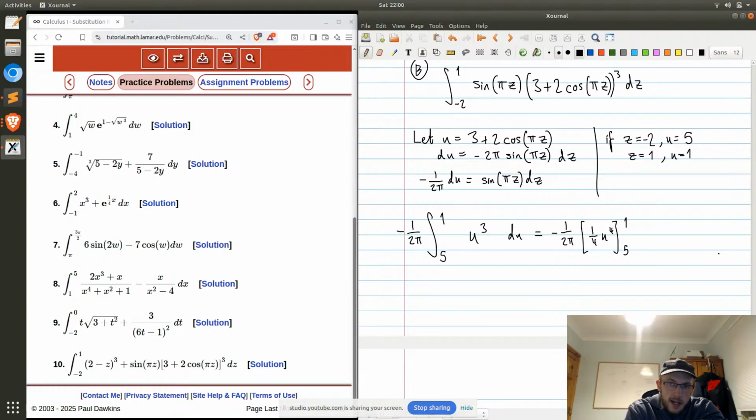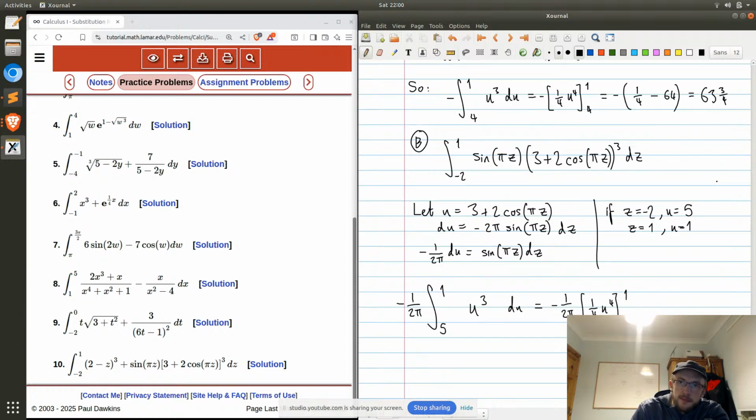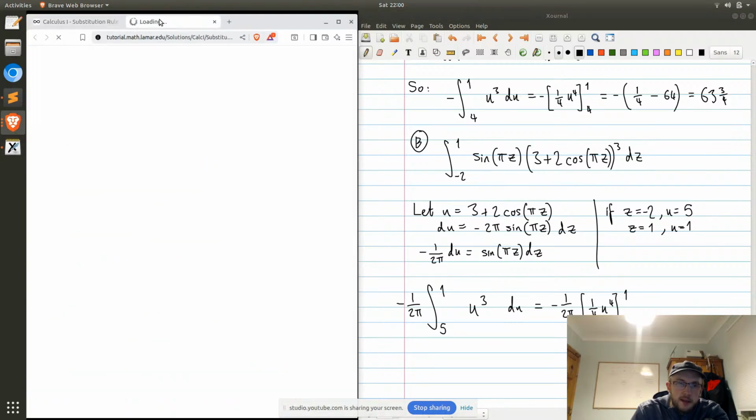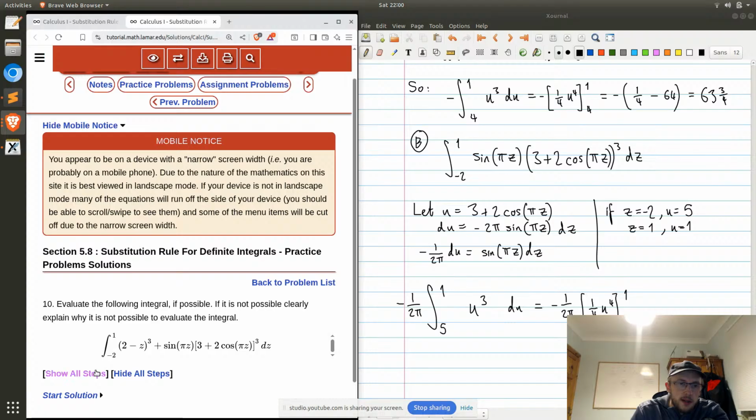And all of that we're going to multiply by minus 1 over 2 pi. And we get something incredibly close to an integer, which is spooky. Isn't that weird? And let me guess. He's going to answer in exact form.